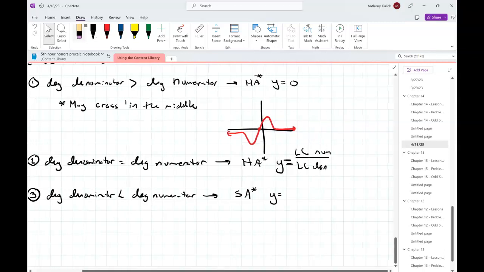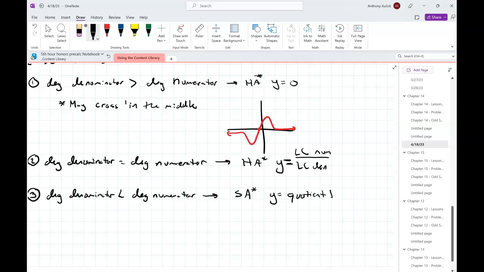The equation for that slant asymptote is going to be the quotient from the polynomial division, numerator divided by denominator. That's the worst situation, because you might have to do the polynomial division.